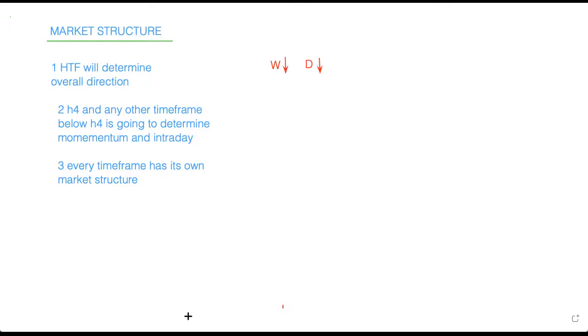But then you can see your H4, you can see it buying. And maybe you can see your H1 selling.